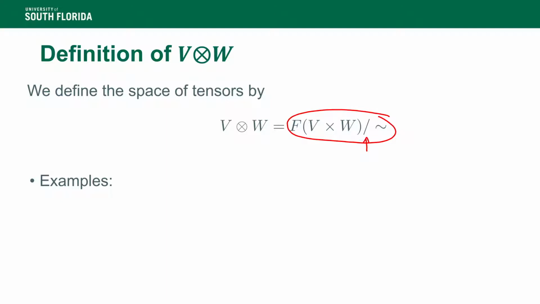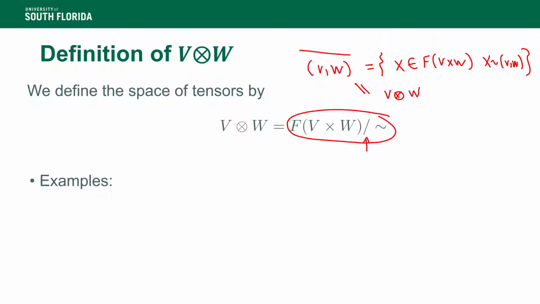We have a map where we take V, W, and define the class VW bar, so this is the set of all the elements X in the free vector space such that X is equivalent to VW.